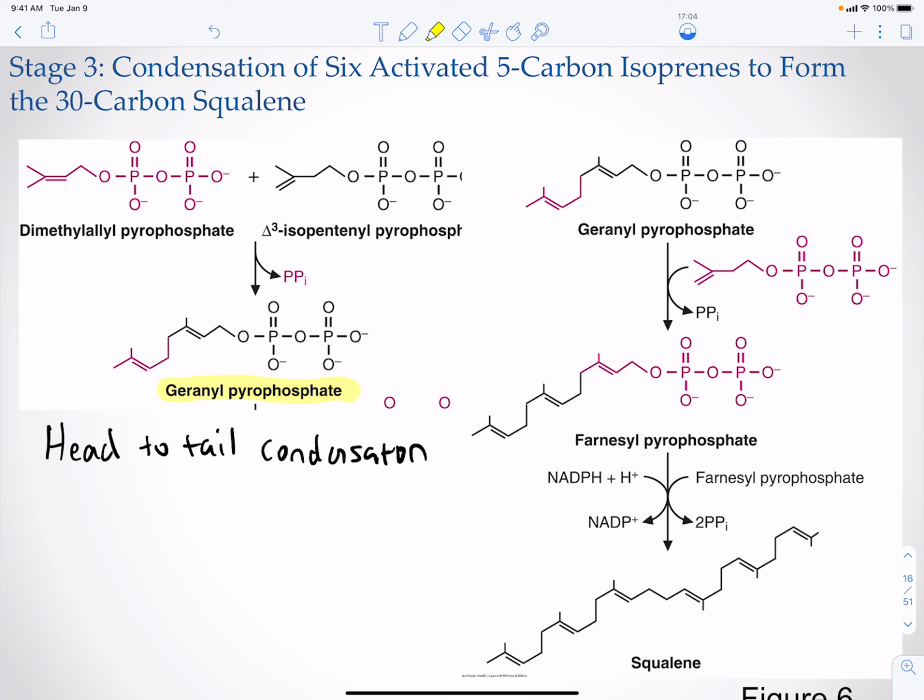Now, the geranyl pyrophosphate is going to undergo another head-to-tail condensation, this time with the isopentenyl pyrophosphate. This is going to result in a 15-carbon farnesyl pyrophosphate.